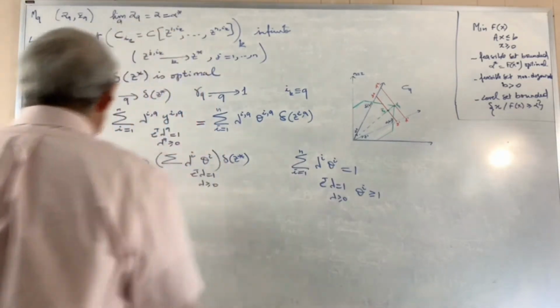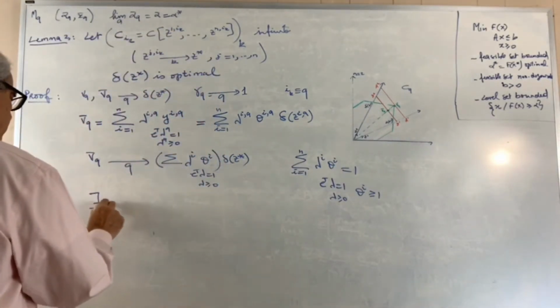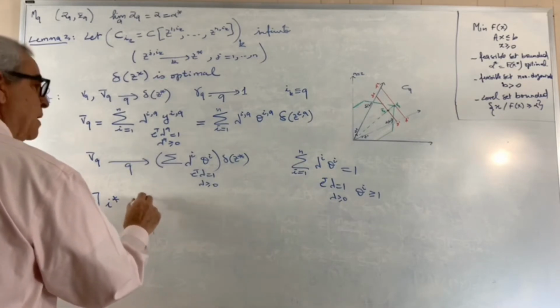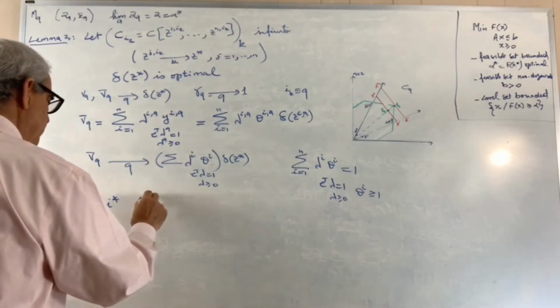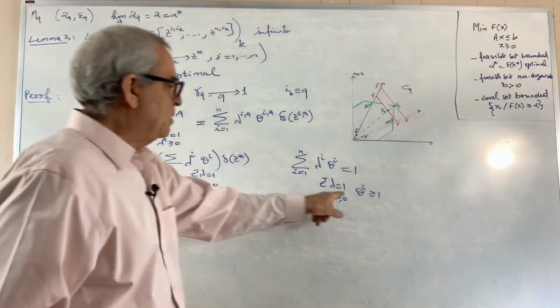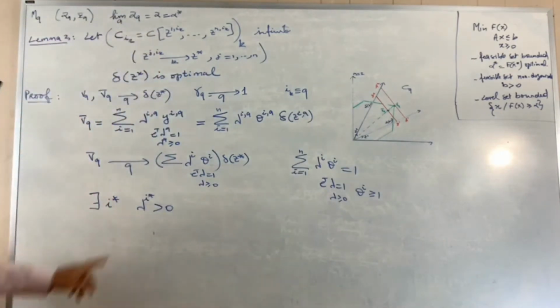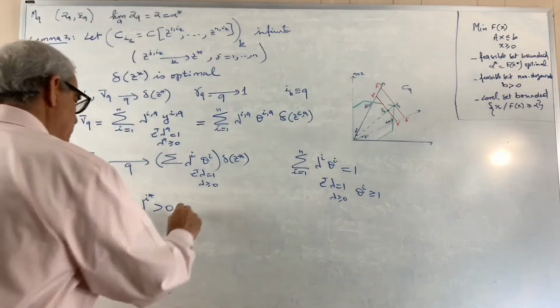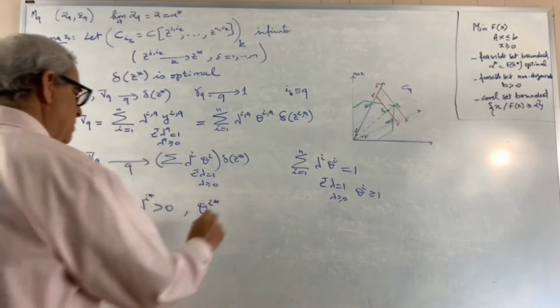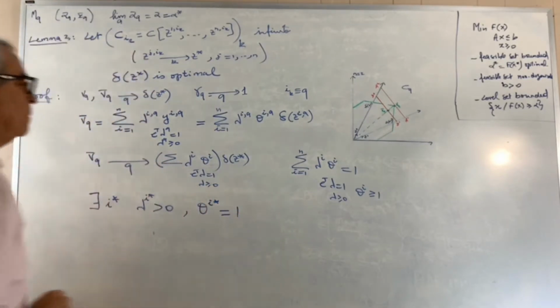So there exists an i star such that lambda_i star is strictly positive, right? Because e transpose lambda equal to 1, one of them has to be positive. And because it's positive, that means theta_i star is equal to 1. It has to equal 1.